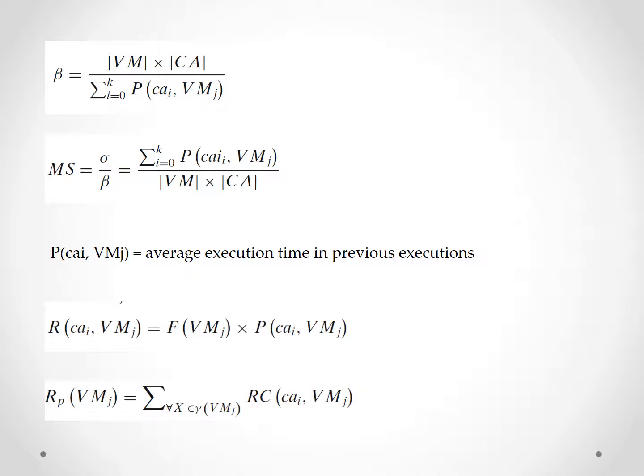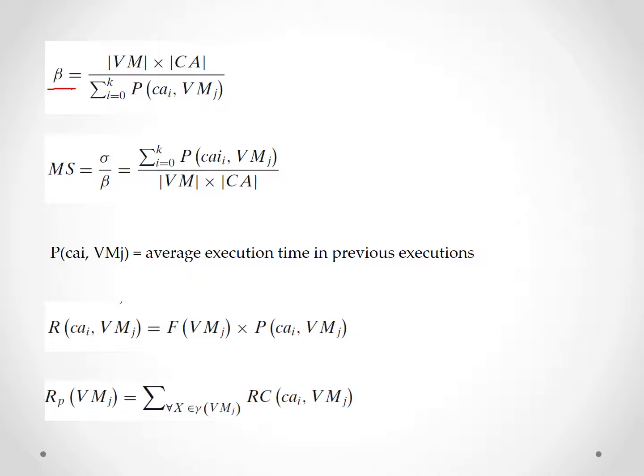Now we get to the metric calculations. Equation 1 denotes the ratio between all possible execution combinations of cloud activities and virtual machines and the total time needed to execute these cloud activities. This is denoted by beta here.